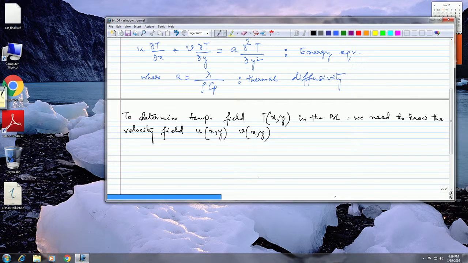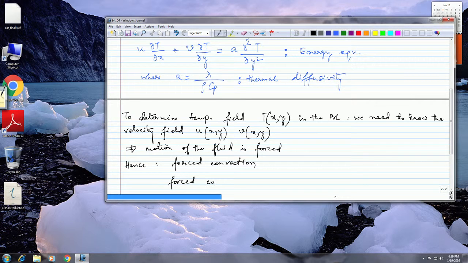I can calculate that, and hence I can calculate the temperature. Hence we use the terminologies forced convection, and forced convective heat transfer.